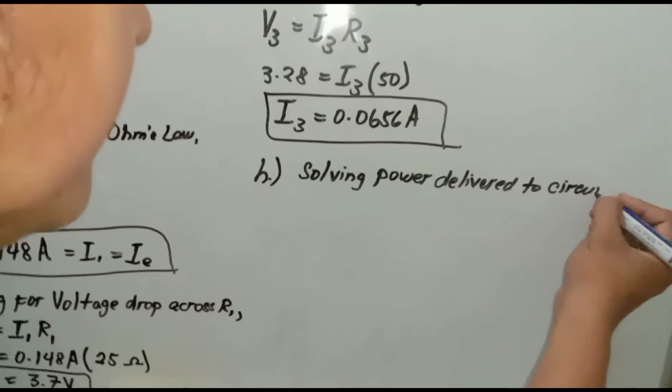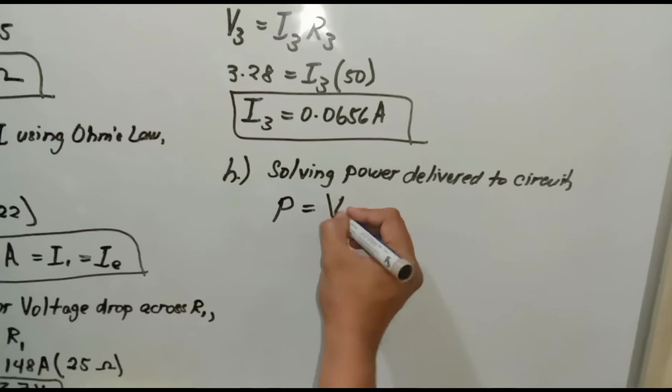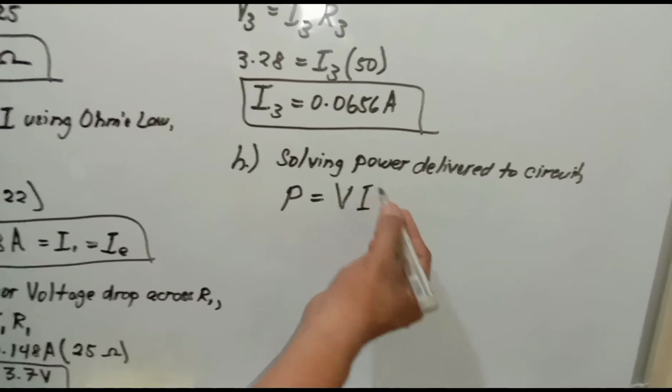So P is equal to VI, means voltage times the current.